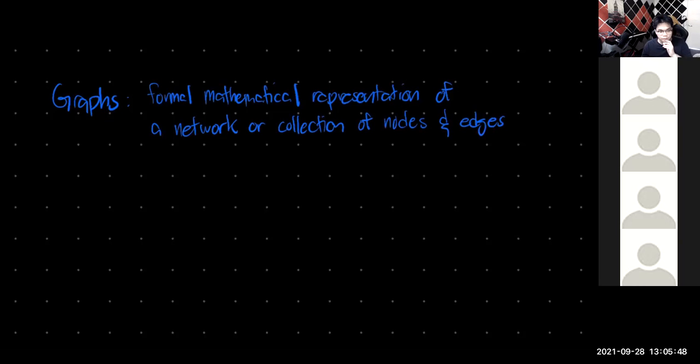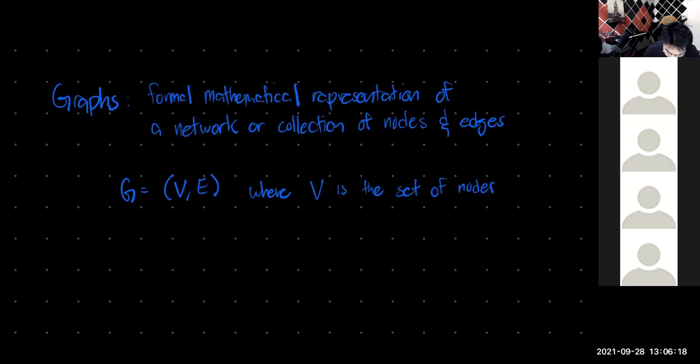So when we say collection of nodes and edges, what does this really mean? We have previously defined this as the following. Some graph G will equal the collection of vertices or nodes and edges, or links if you have that, where V is the set of nodes that you have.